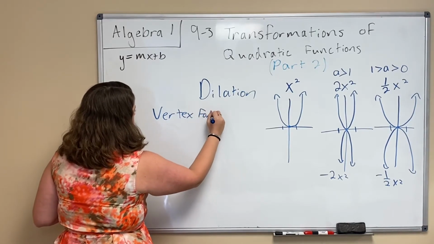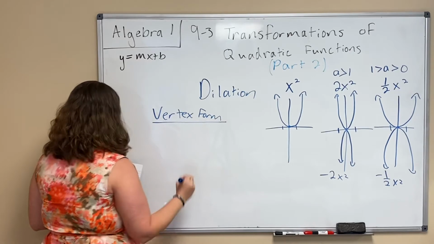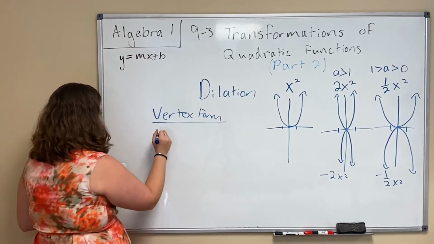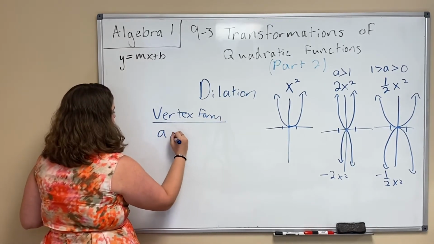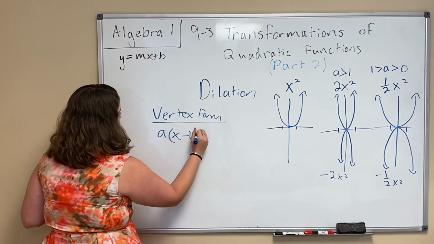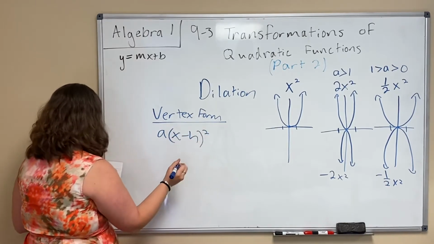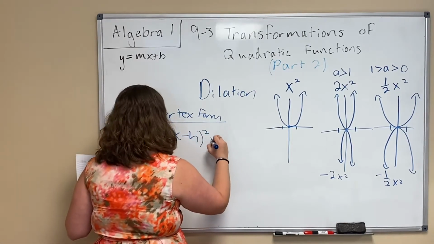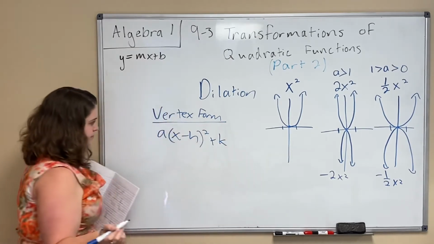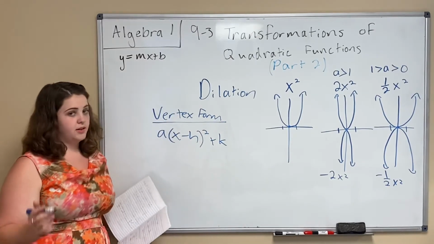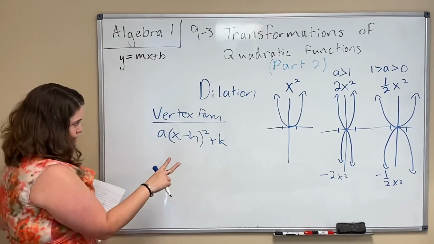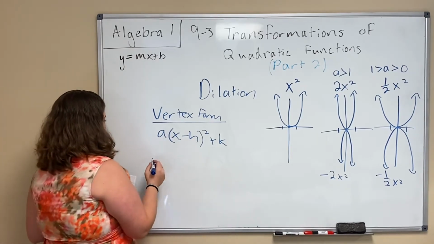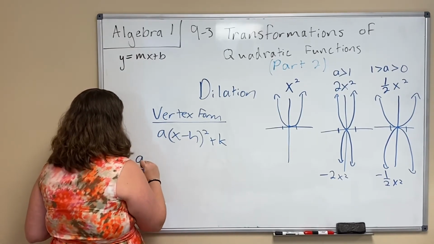Vertex form. Now what that looks like is a times x minus h squared plus k.